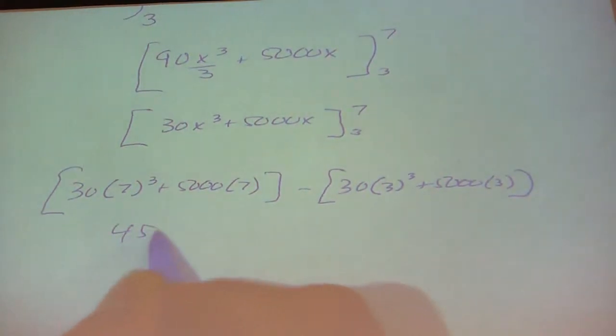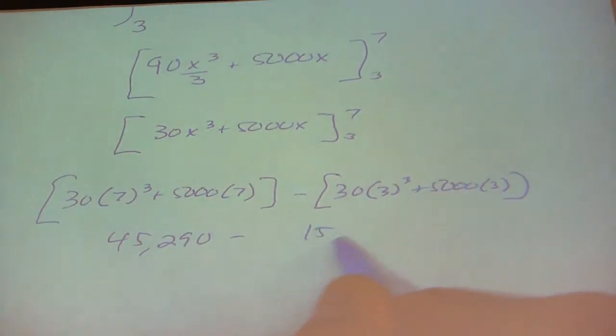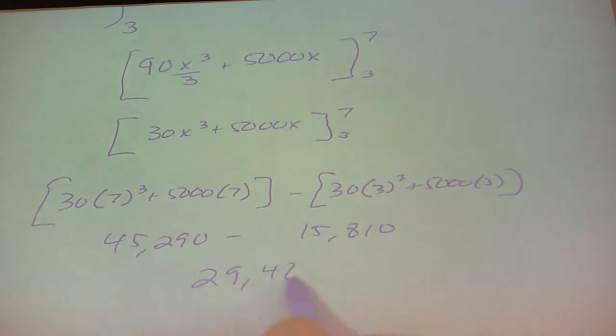This gives you 45,290. The other side gives you 15,810. 45,290 minus 15,810 gives you 29,480.